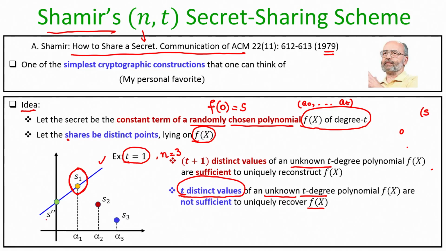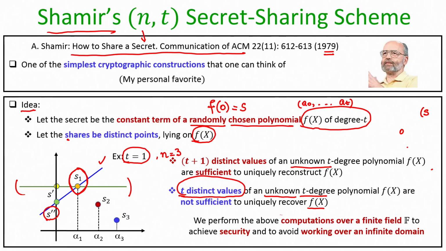If that is the case, then the secret would have been S double prime, where S double prime would be the constant term of this polynomial. Or it could be equally likely that the dealer has used this straight line which also passes through alpha 1 comma S1, or another straight line which also passes through alpha 1 comma S1, and so on.